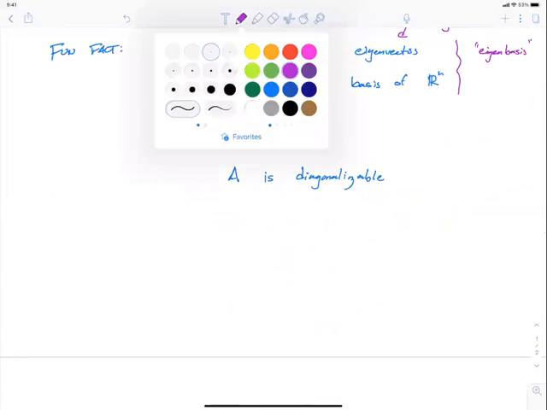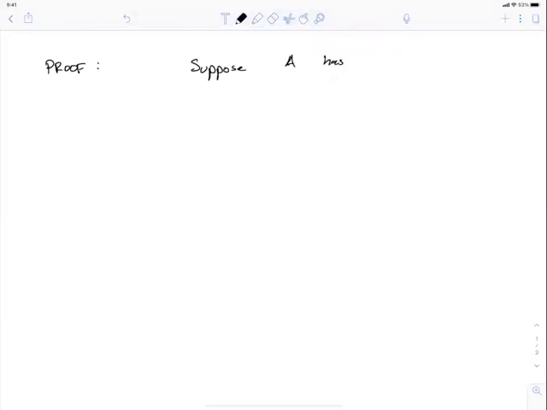All right, so let's go ahead and prove this fun fact. We're going to use a lot of the things that we've learned throughout linear algebra to do this. So for the proof, we need to go both ways. Suppose that we have an eigenbasis. It has eigenvectors v1 through vn that form a basis of Rn.